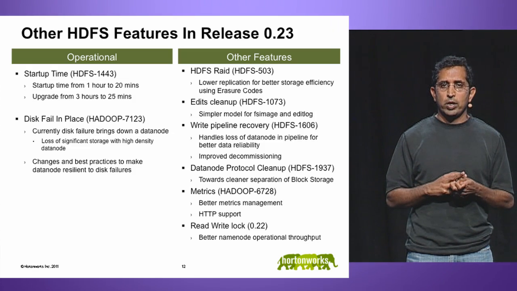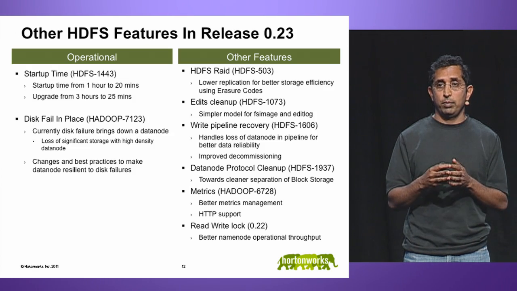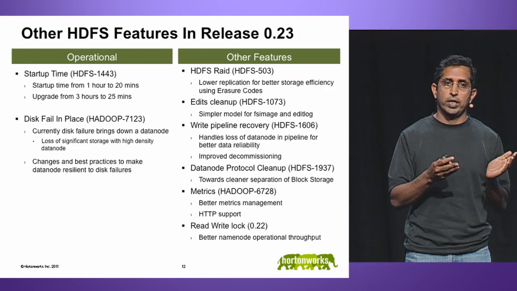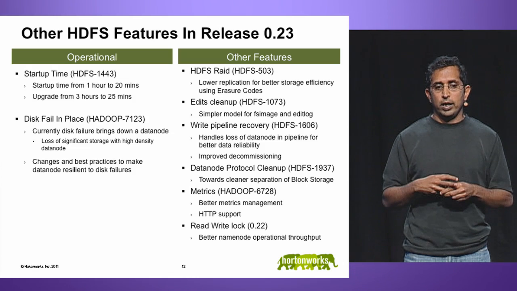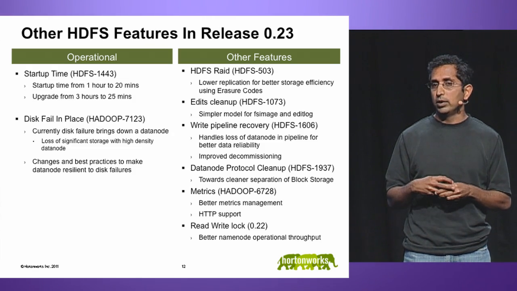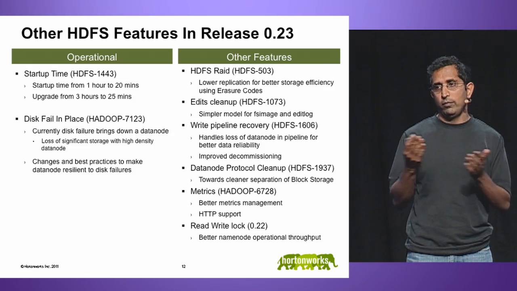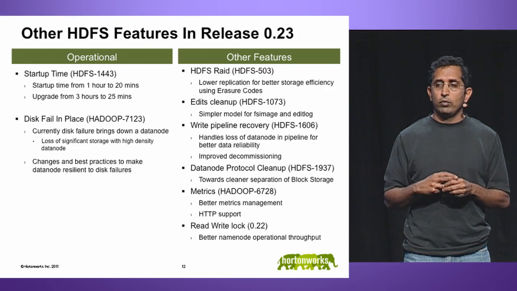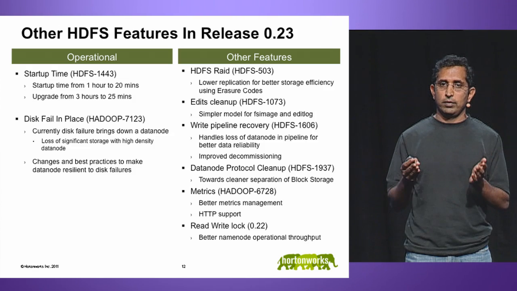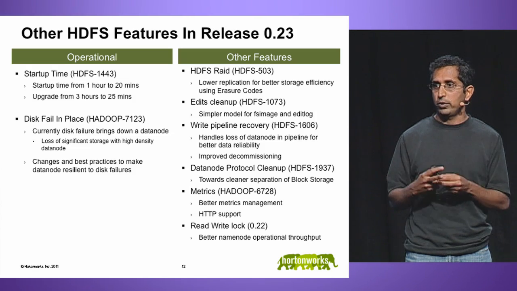The other important work that's gone into trunk, which, by the way, has also been backported to 0.20.204, is disk fail in place. With high-density data nodes becoming available, we are going from data nodes which are 4 terabytes to 24 to 36 terabytes. Now, in such a cluster, a loss of a data node takes away a huge portion of the available storage to the cluster.